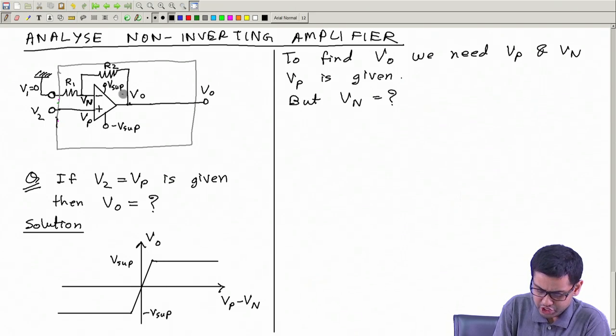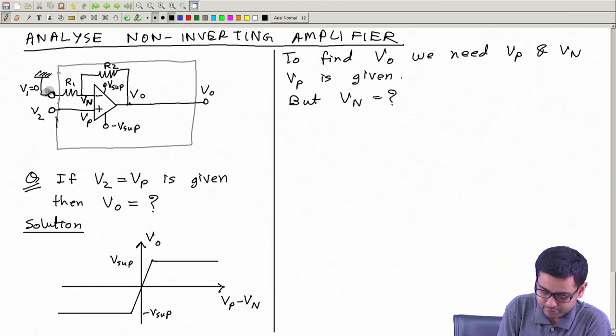How? You see that this point is at potential Vo. This point is at potential 0. No current flows through this input, right? So if any current flows from here, it will go like this only.